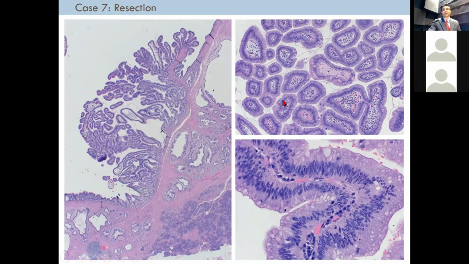On high magnification, you can see the cross sections of these papillae, which have a fibrovascular core and are lined by mucinous epithelium. An even higher power image shows the gastric foveolar type of morphology of the epithelium. Also look at the nuclei: they have basal polarity and no evidence of high-grade dysplasia.